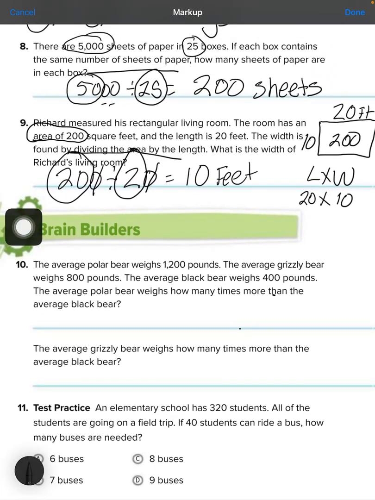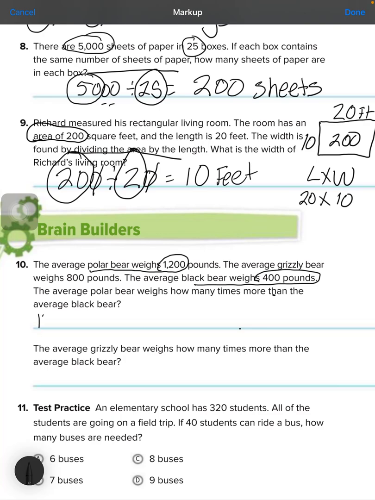Okay, brain builders, grizzly bears, polar bears, and black bears. The average polar bear weighs 1,200 pounds. The average grizzly bear weighs 800 pounds. The average black bear weighs 400 pounds. The average polar bear weighs how many times more than the average black bear? Okay, so we can ignore the grizzly for a minute. We need to know polar bear is 1,200 and the black bear is 400.